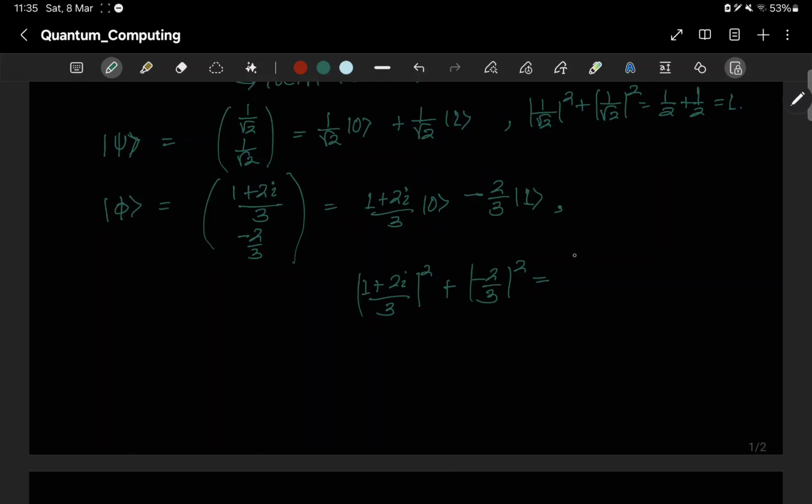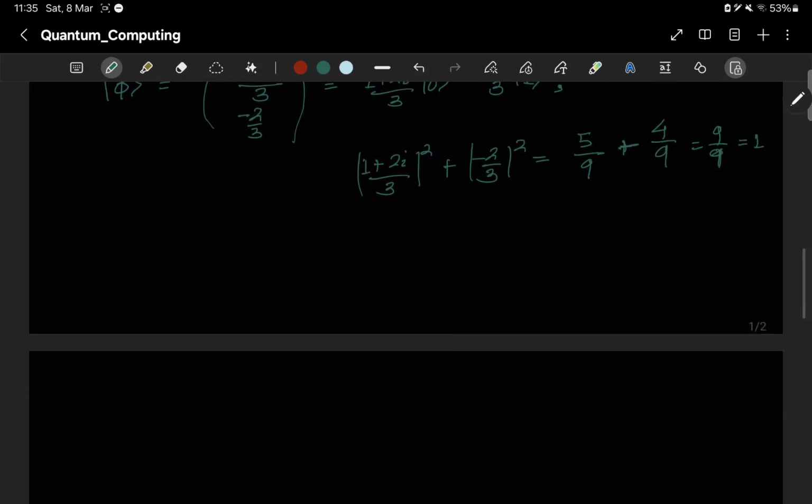Okay, let's not go into that. So it will be (1 plus 2i) times (1 minus 2i), so it will be 1 squared plus 2 squared, so it is 5, over 9. Here the minus will be plus, so it is 4/9. If you see, it is 9/9, and hence it's equal to 1, right? So it is a valid quantum state.